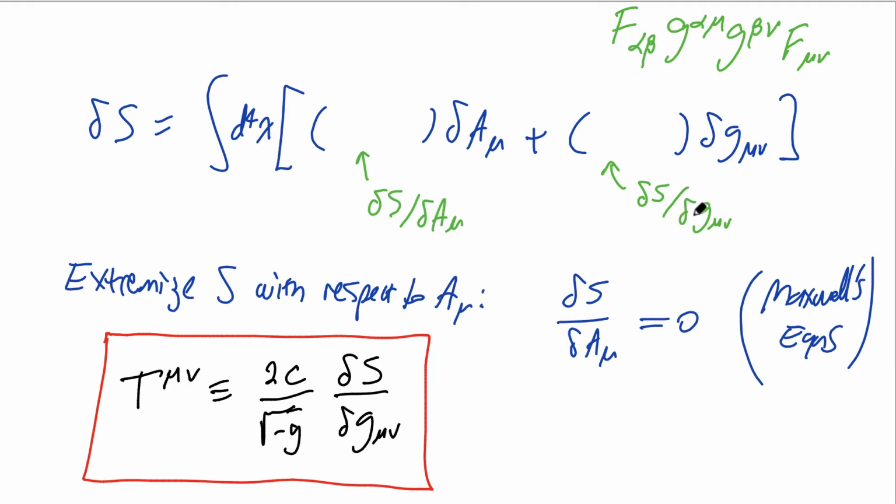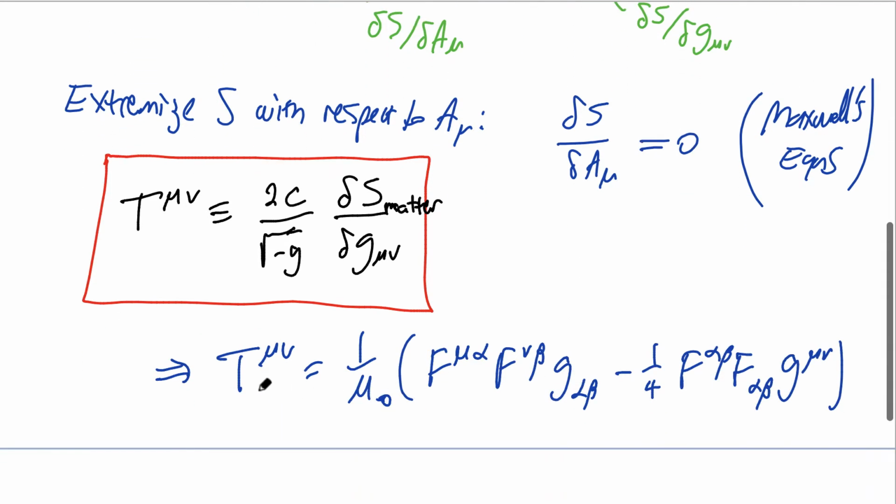That's because this isn't the complete action. This is only the action for the electromagnetic field. So let me put a little EM for electromagnetic field here. And now this definition holds for any matter field, so I'll put a little subscript matter onto this S. And this was then the stress energy tensor, of course, for the electromagnetic field.